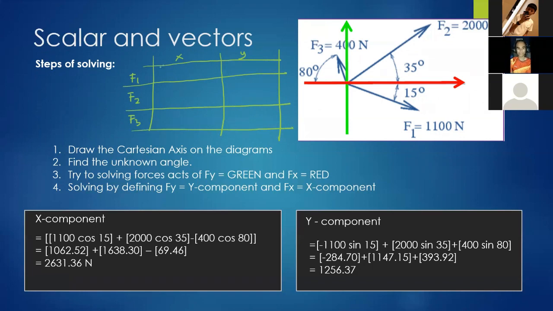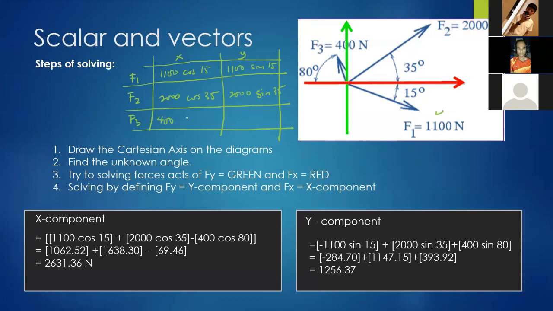F1x is 1100 cos 15. For y, F1 is 1100 sine 15. F2 is 2000. X is cos 35. Y is 2000 sine 35. F3 is 400.